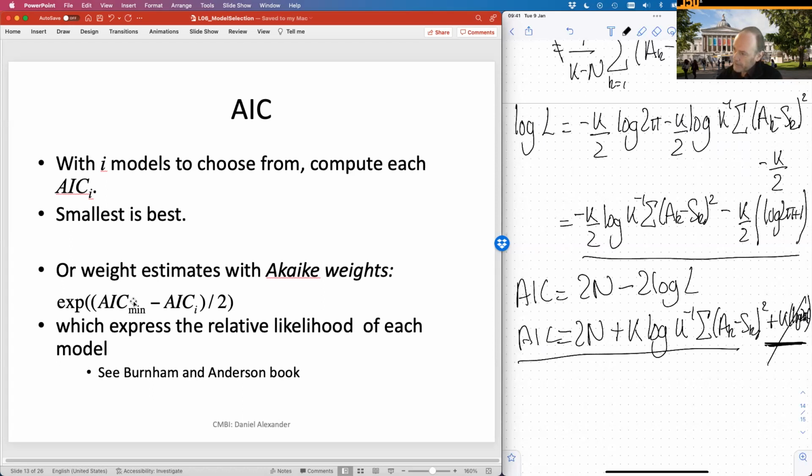Once we've calculated AICs for each of our set of candidates, we can then derive a set of weights which are defined by those AICs. So the weighting for one particular model is the exponent of the difference of its AIC with the minimum AIC over the set, divided by 2, and that gives a weighting for that particular model.